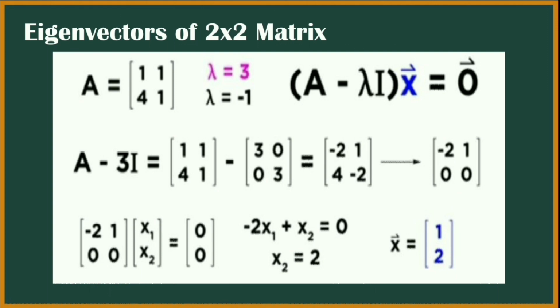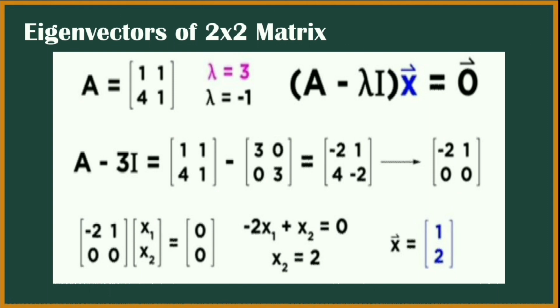And then to get the eigenvectors, we need to use row operations. After we use the row operations, our final answer will be negative 2, 1, 0, 0.